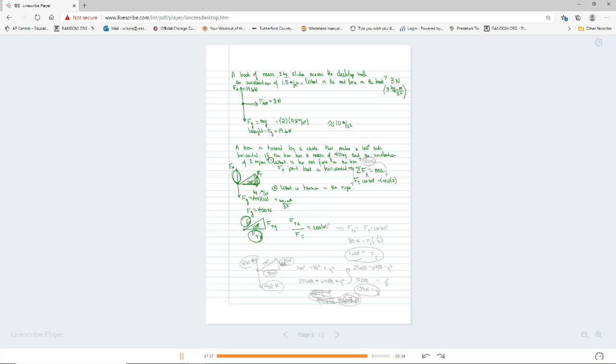So when I solve this, I get force tension X equals force tension times cosine of 60. We now know this number is 80 newtons, and the cosine of 60 is 1/2. So the force tension must be 160 newtons.